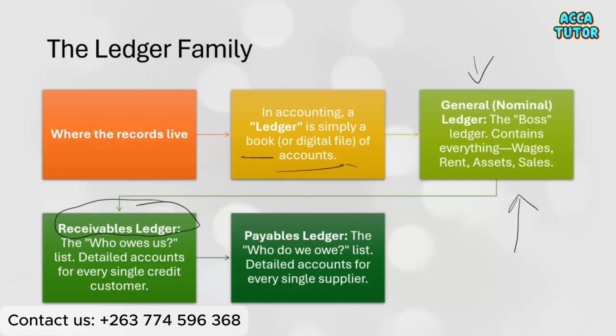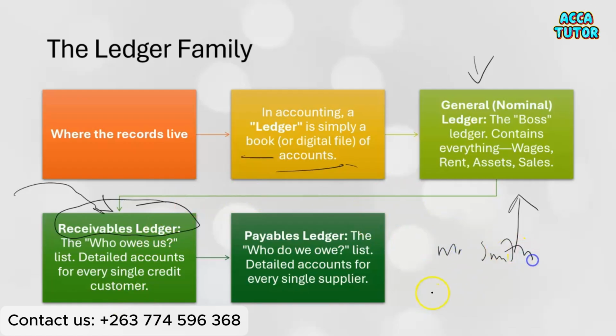All right. Remember the receivables ledger. This ledger is actually having all the credit customers. All right. So each customer has got a separate account in the receivables ledger. So let us say in the receivables ledger, we have got Mr. Smith.